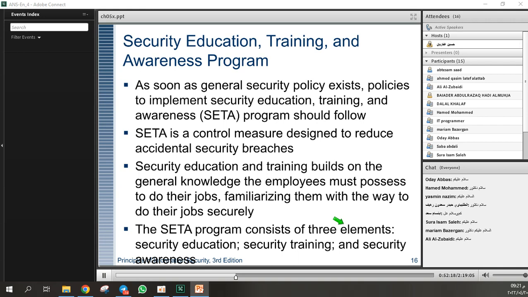We need to prepare training courses, training periods for the employees. Why? Because based on those programs, training, education, and awareness programs, I can reduce the chance of security breaches.